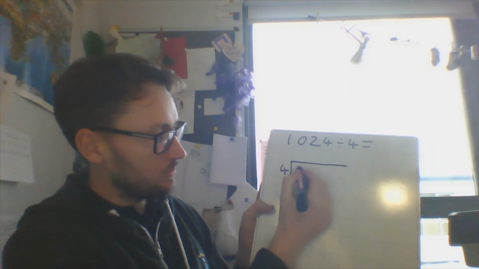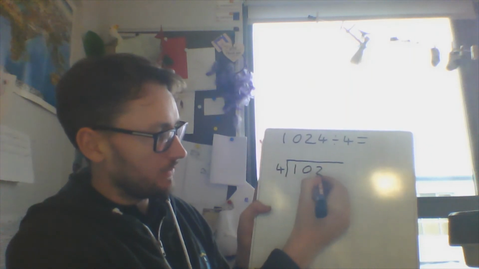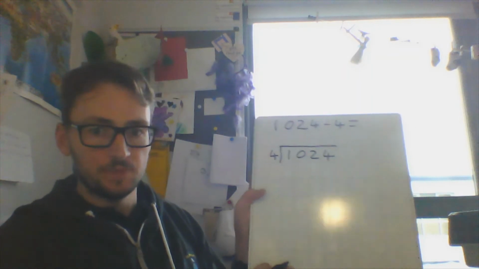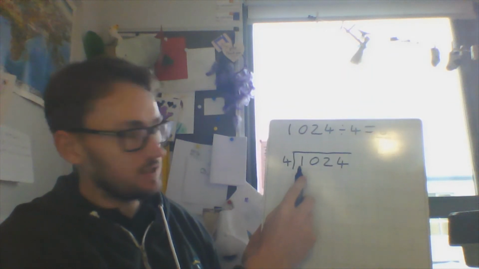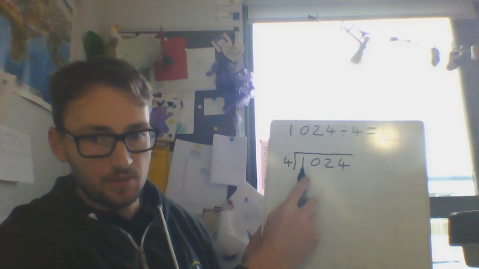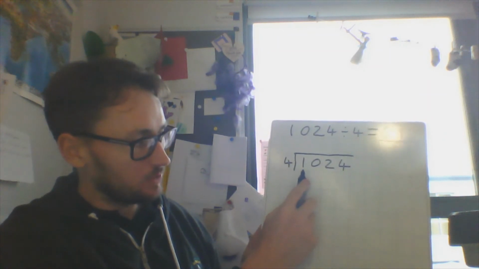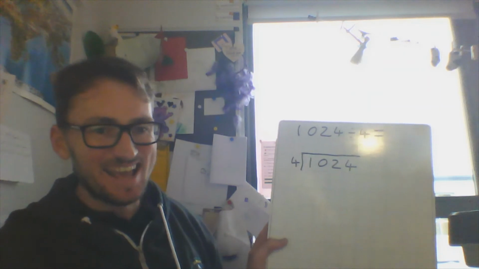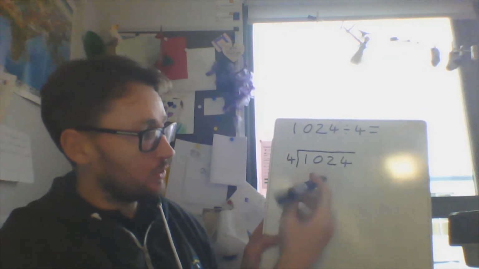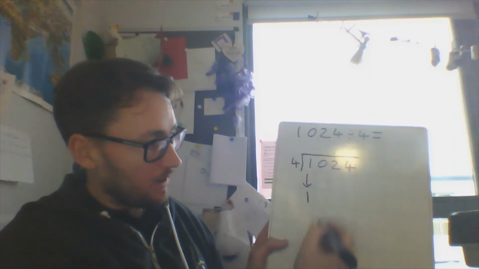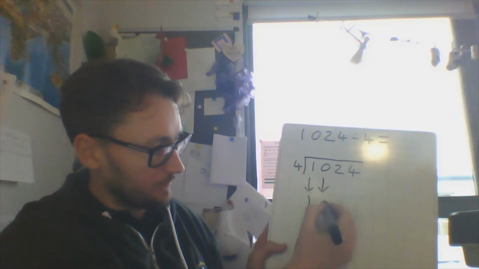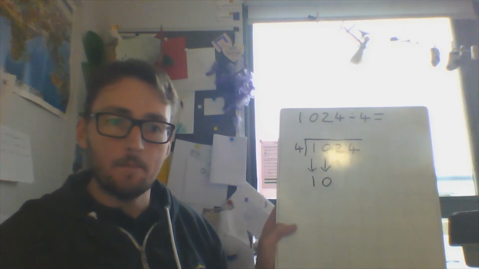Dividing by 4, and the number we're looking at is 1,024. Starting with our most significant digit in the dividend, it's the 1. Now 1 is smaller than 4, so we have to bring that down, and we'll bring down the next digit with it. And now we're looking at the number 10.